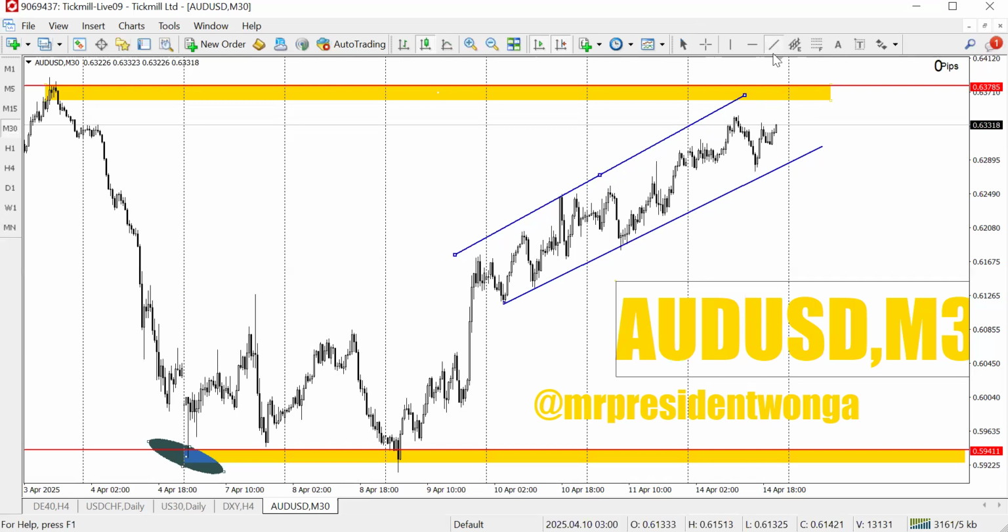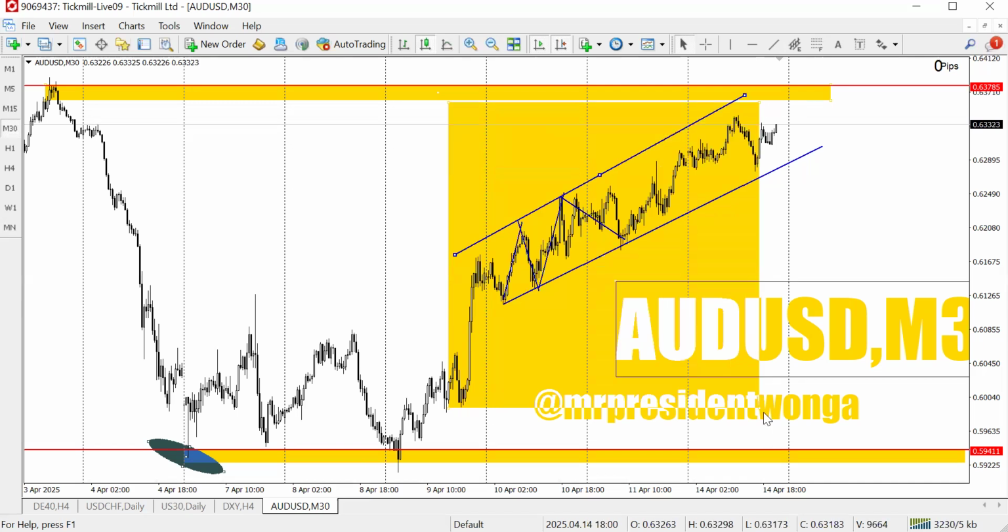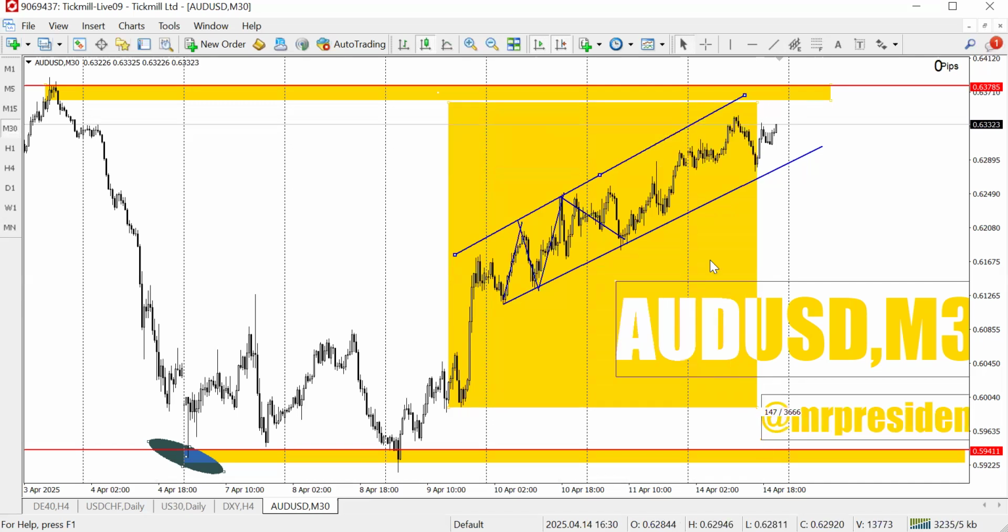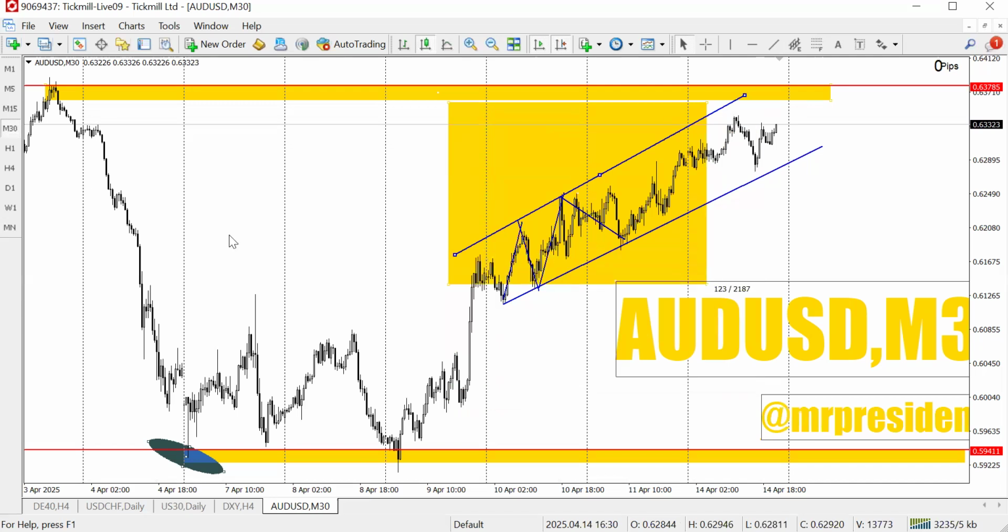It moves up, down, then up again, and then down. So this is like compression. It's not as aggressive as this move here. This was a straight line move to the upside. Now back to the Fibonacci.